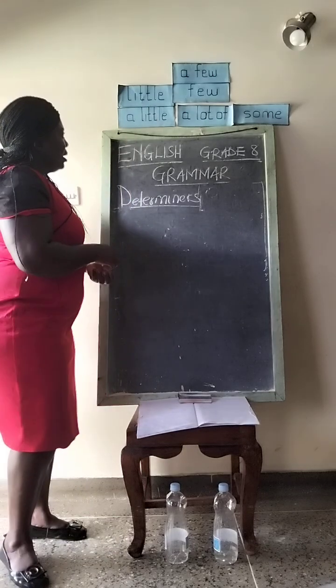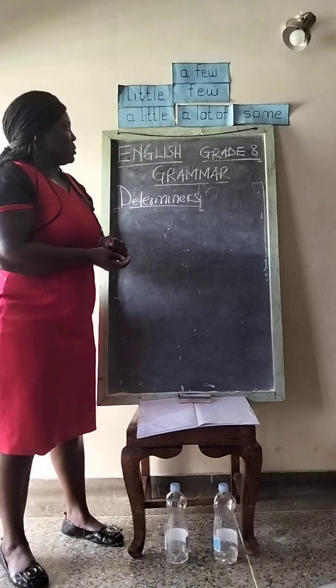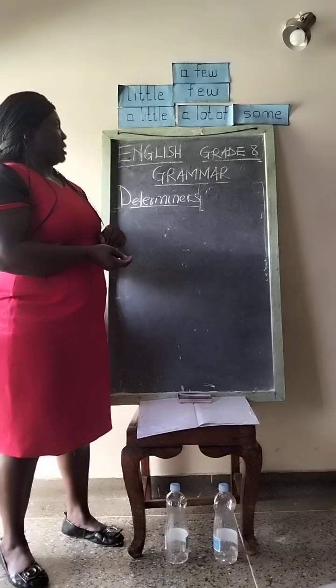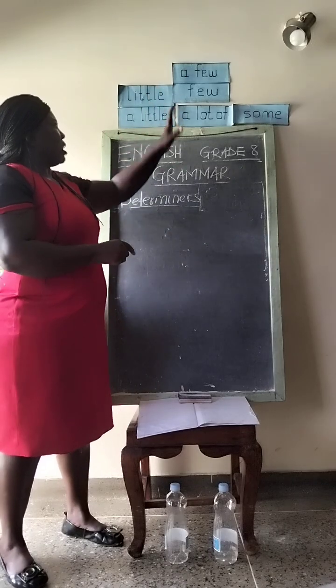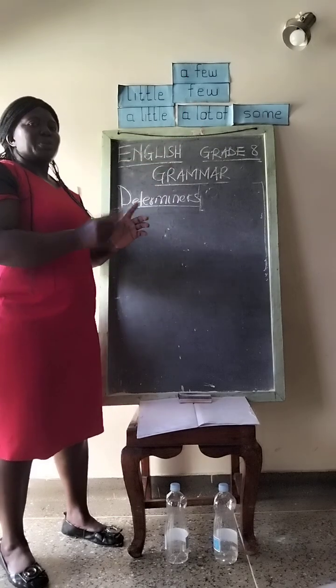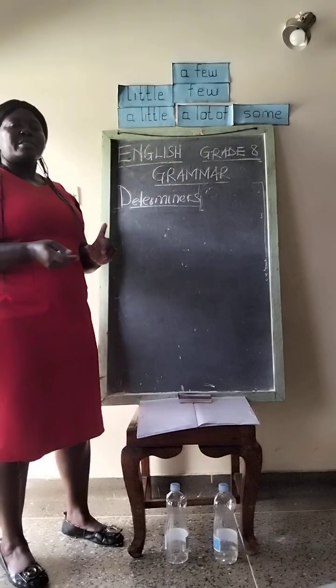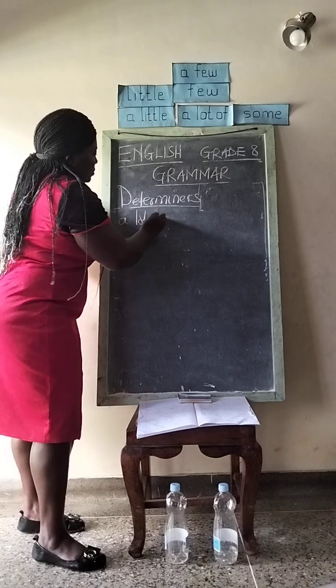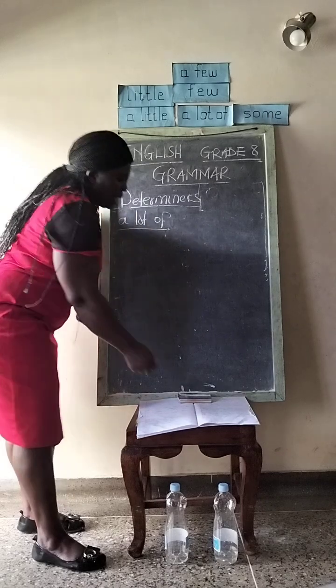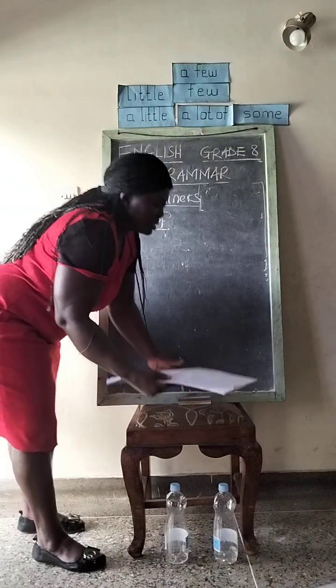Now, let me give you examples of how to use them. Let us start with the ones you can use with both. For example, a lot of and some you can use with both countable and uncountable nouns. So let us say a lot of. What is the meaning of a lot of? When you say a lot of, what does it mean?